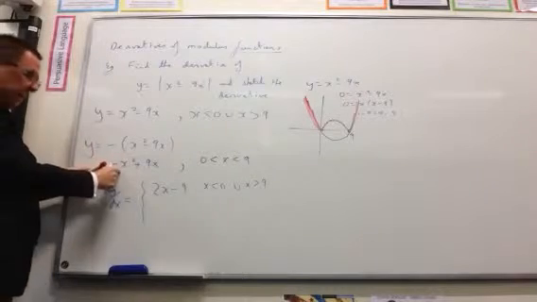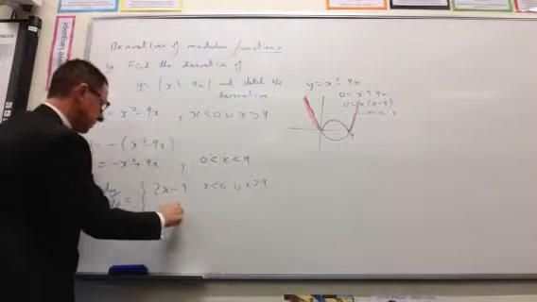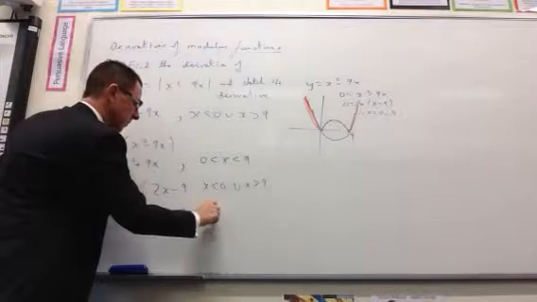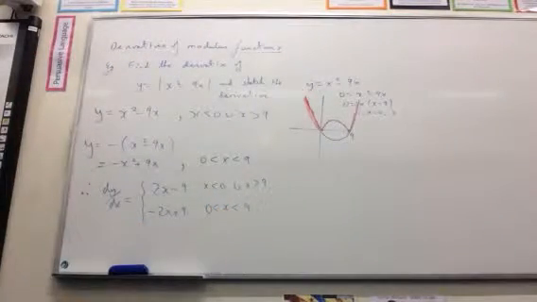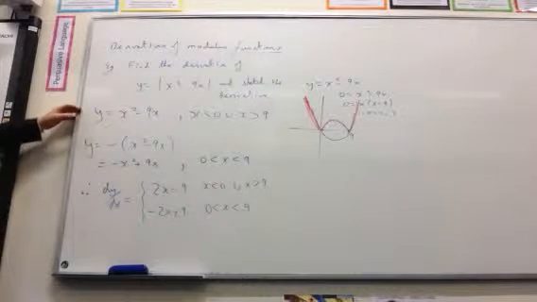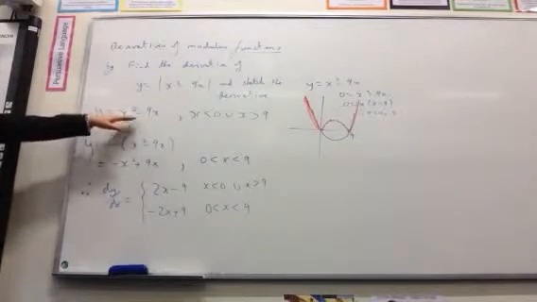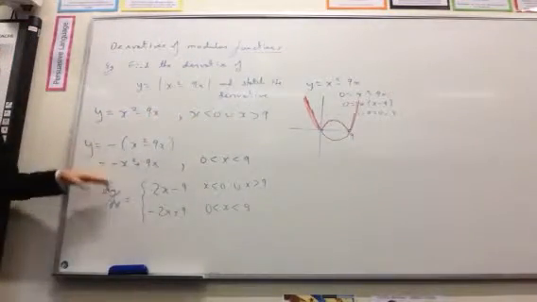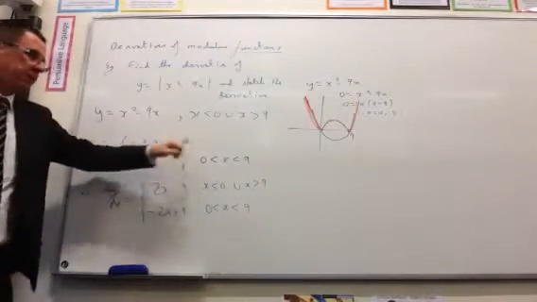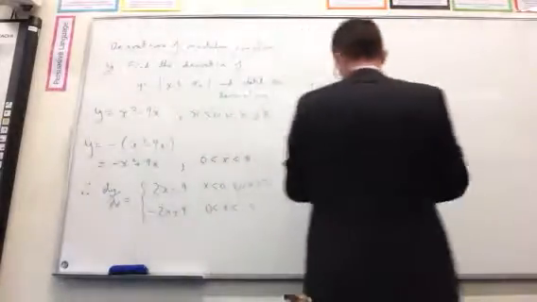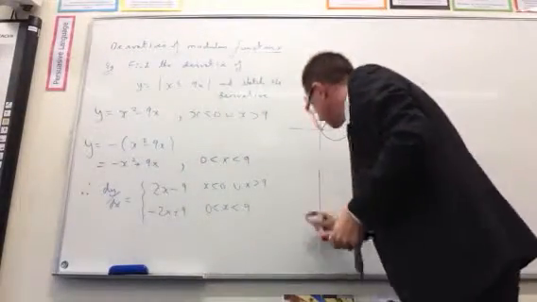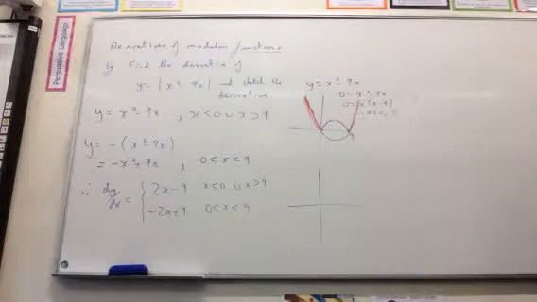And then the derivative of this will be negative 2x plus 9 when x is between 0 and 9. So take your positive, define it, derive it. Take the negative, define it, derive it. Now I want to sketch that here. Okay. Now we're sketching.